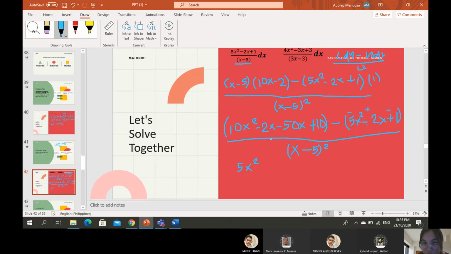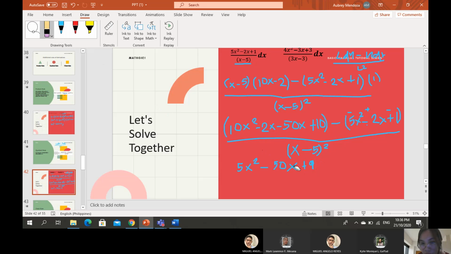And negative 2x plus 2x is equals to negative 50x. And then 10 plus negative 1 is equals to positive 9. Wait.